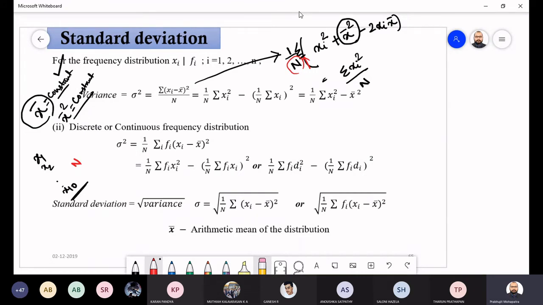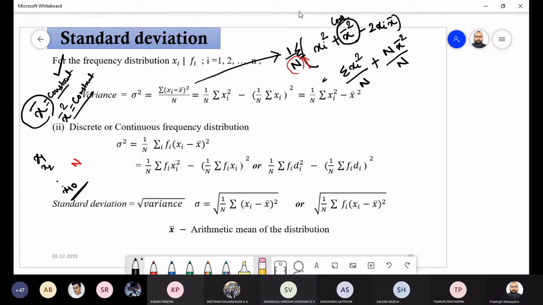So what will it be if you are taking the summation inside? N into x bar square, correct, because this is constant. I am adding this constant N times. So this will be n into x bar square divided by n. Correct or not?